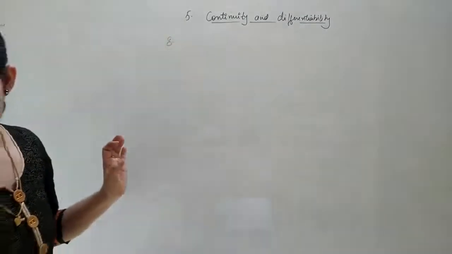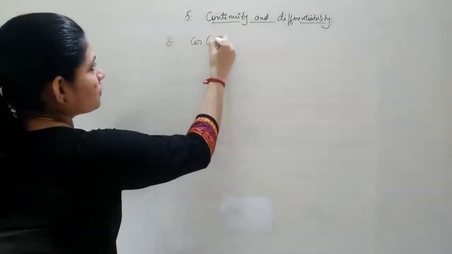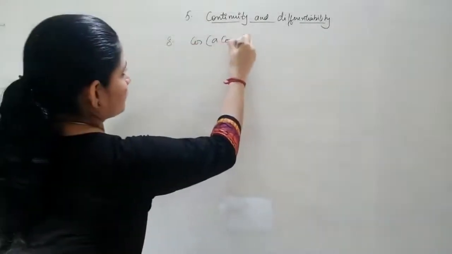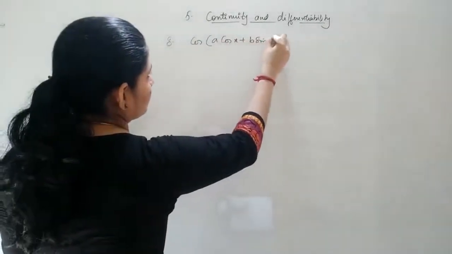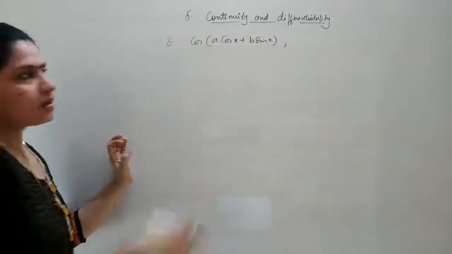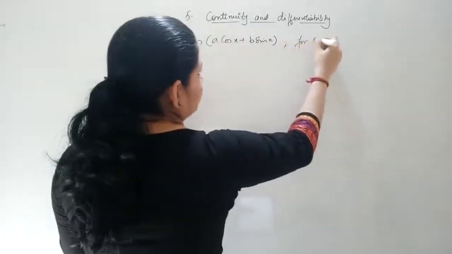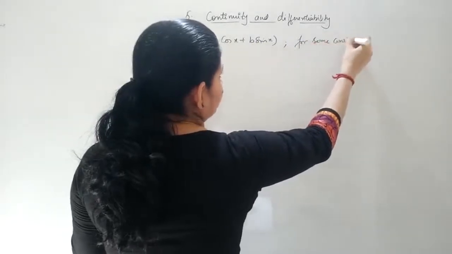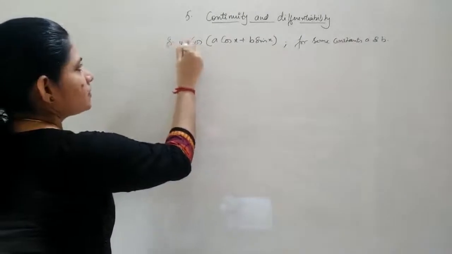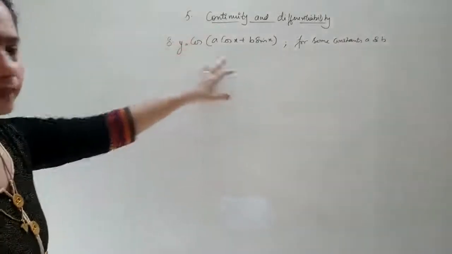Eighth question is cos of a cos x plus b sin x, where a and b are constants. So we will start with y is equal to the expression as in the question.